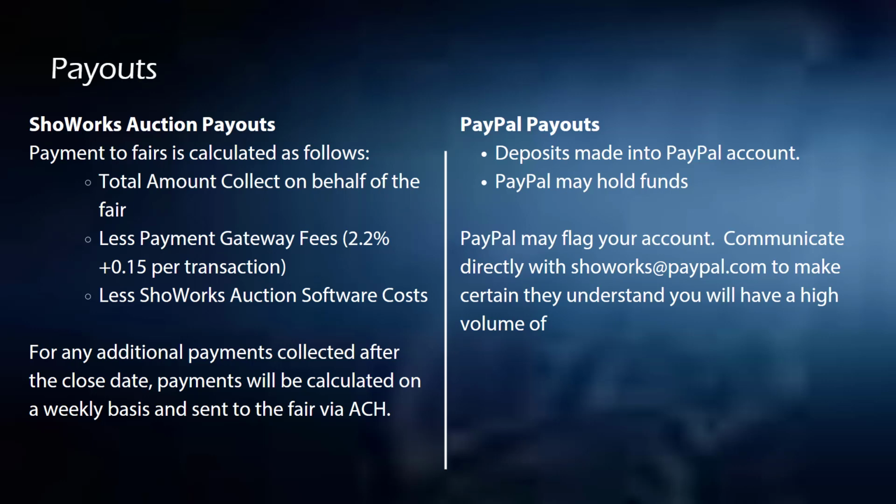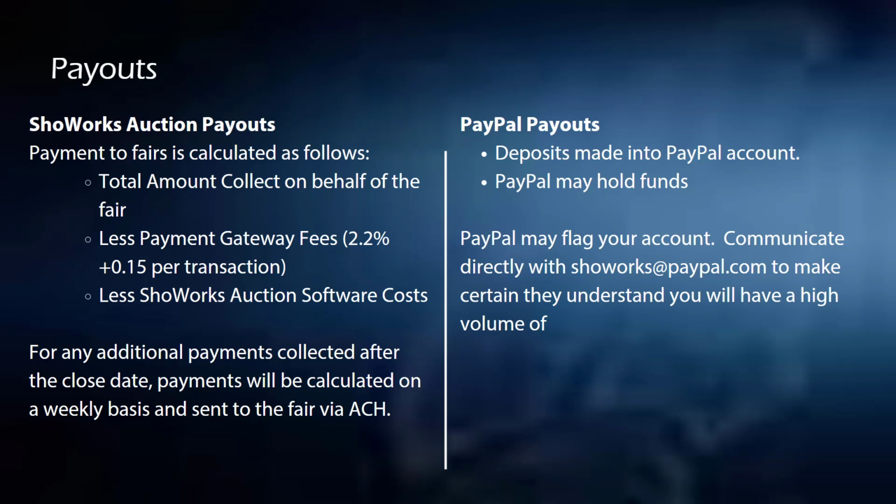We're going to do those payouts at the time that your auction closes. We calculate payouts on Monday. So if your auction closes anytime between Tuesday and Sunday, it will have to wait until Monday for us to do that calculation.